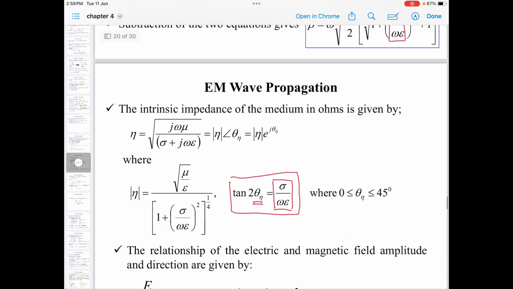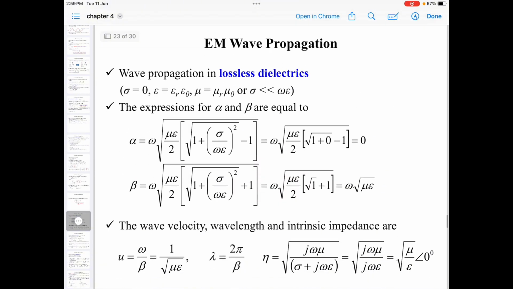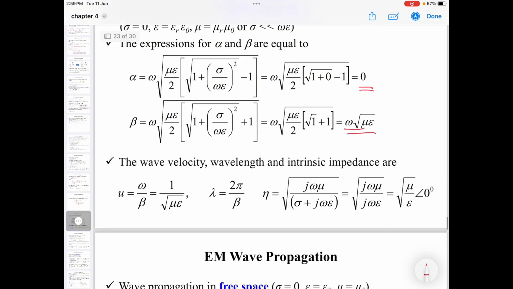So when we go to lossless, it has this characteristic: you don't have the attenuation constant, and your beta is represented by omega multiplied by the square root of mu epsilon. So we'll be using this one.